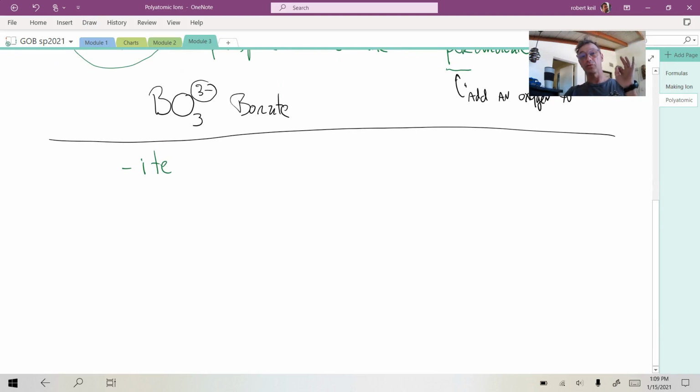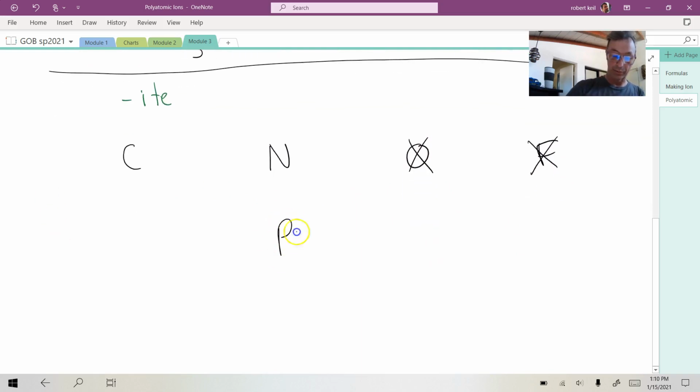Okay, so the next group are the ites. And here you actually get to just sort of recycle all your knowledge. So CNOF, and if you remember, there was none of those. We do have P, sulfur, chlorine, and silicon. And before we had NO3, now we have NO2.